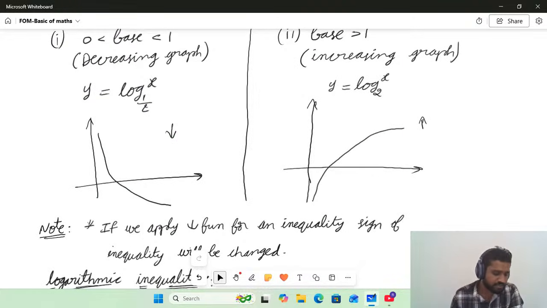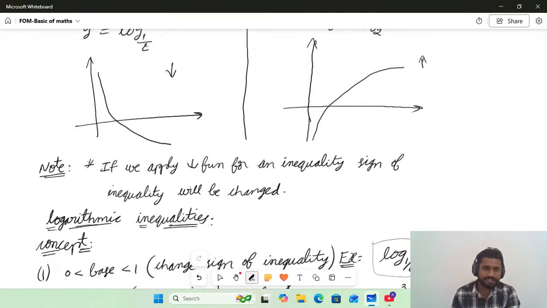If the base lies between 0 and 1, the logarithm function behaves as a decreasing function, and if the base is greater than 1, it behaves as an increasing function.